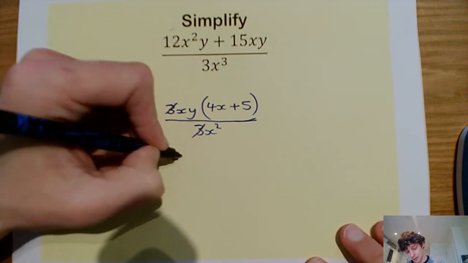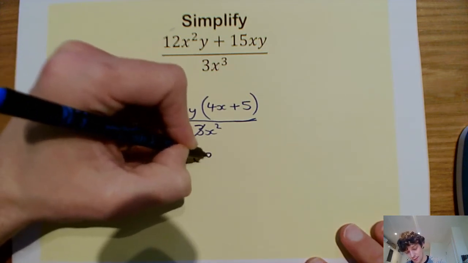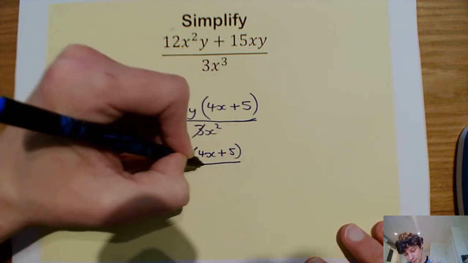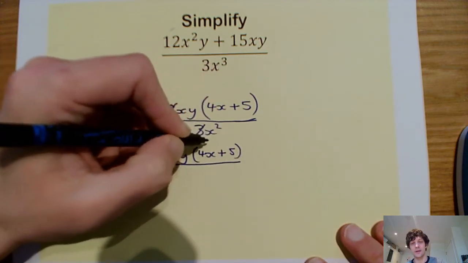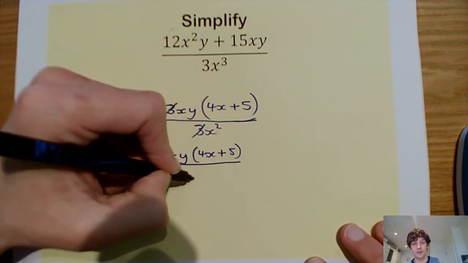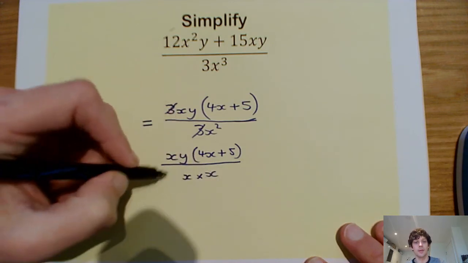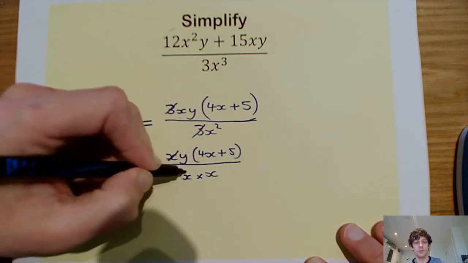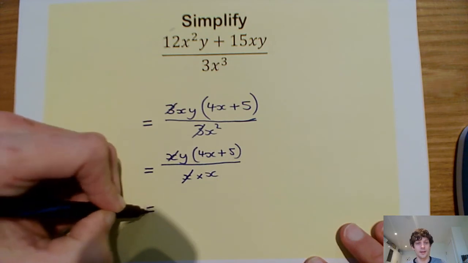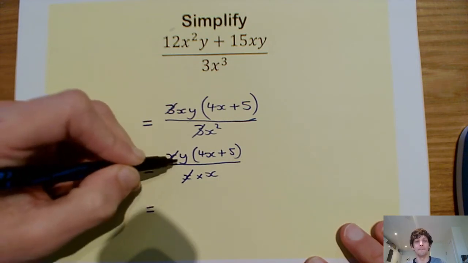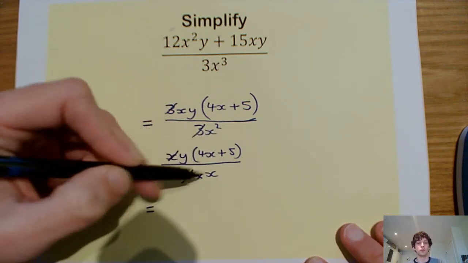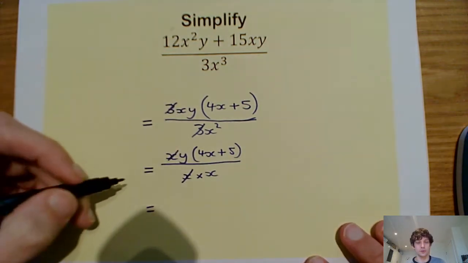So let's actually just write that as an extra step, just in case it confuses anyone if I did it in one step. So instead of thinking of this as x squared, I'm going to think of it as x times x. So I can divide the numerator by x and the denominator by x. Again, those x's I'm multiplying by the rest of the numerator or the rest of the denominator, not adding or subtracting.